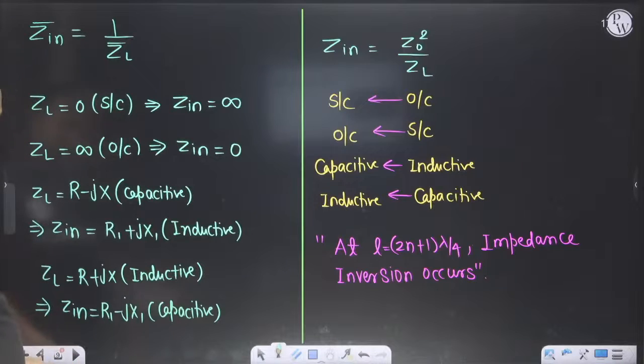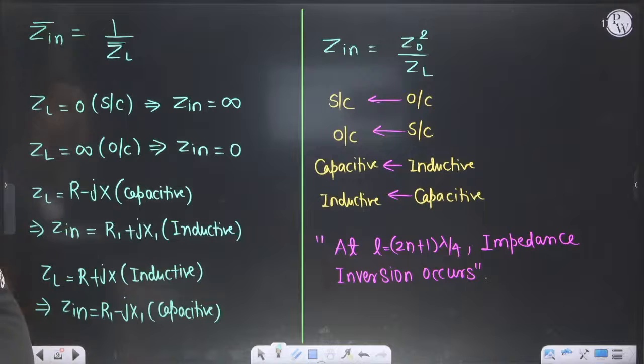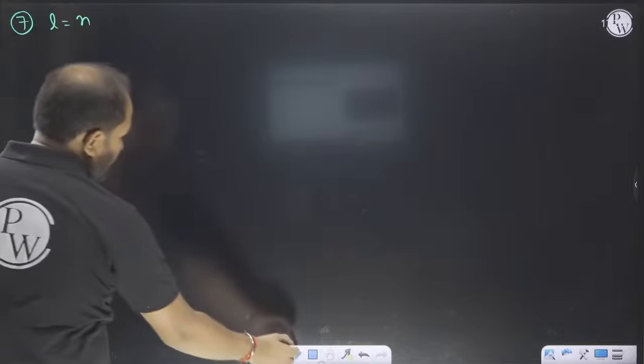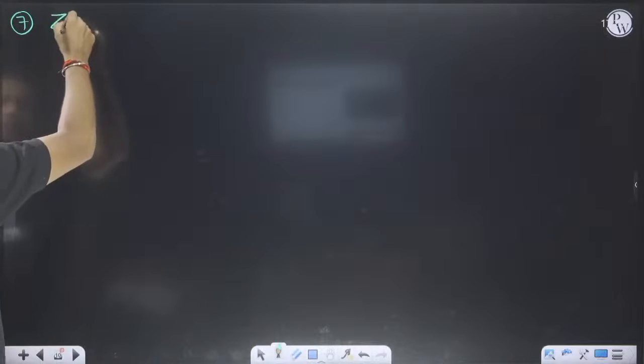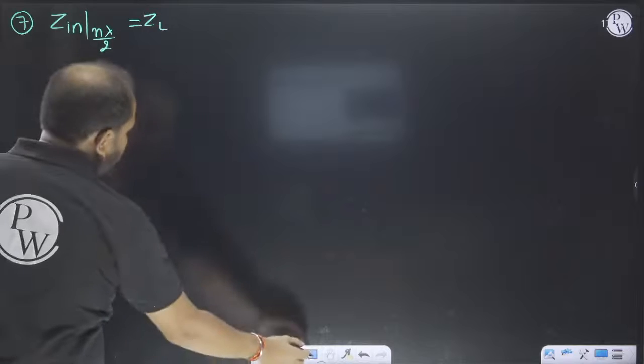Then we have the next point, the 7th point. At length equal to n lambda by 2, Zin will be equal to Z0.